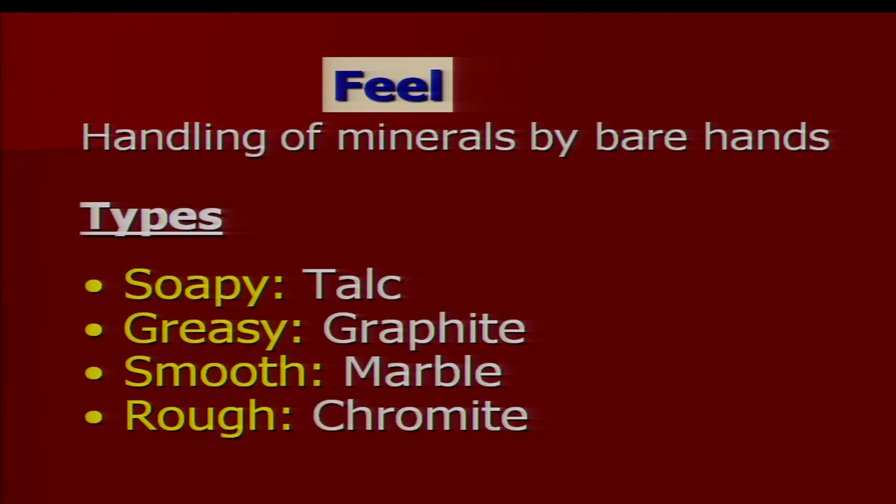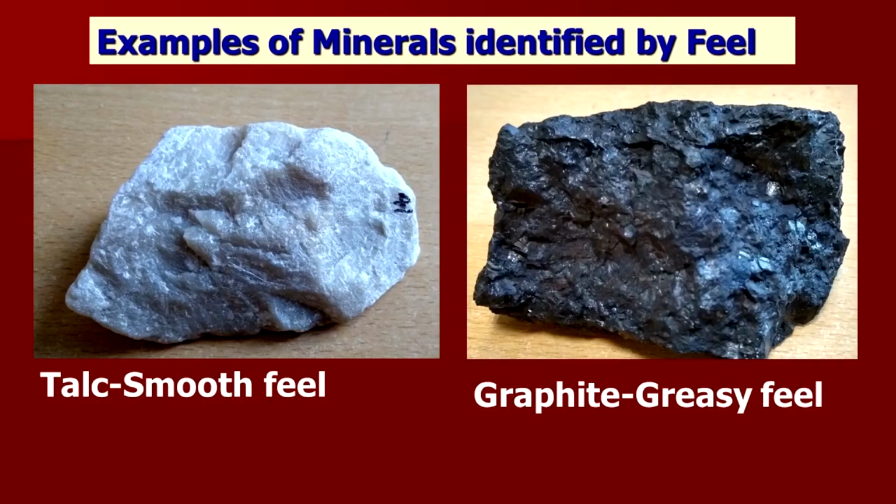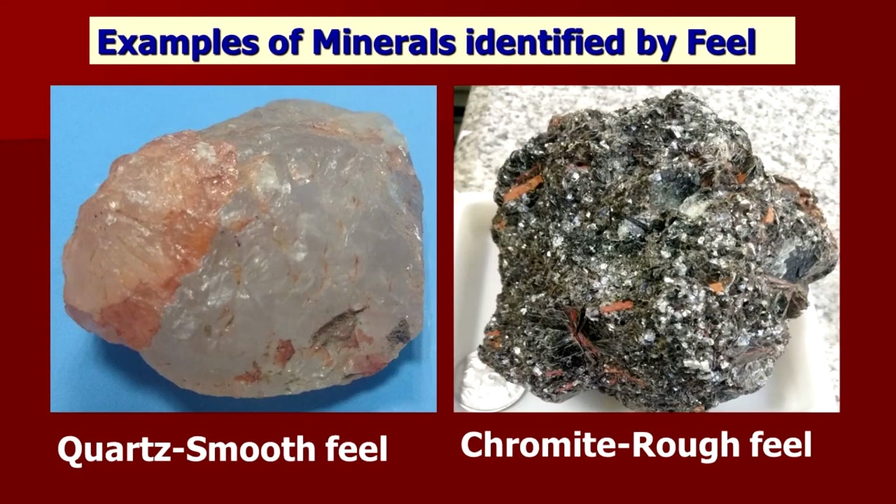First, I will talk about the feel. Handling of minerals by bare hands. When you handle minerals without wearing any gloves, you can feel. The feeling may be of different types: soapy feeling, greasy feeling, smooth feeling, or rough feeling.